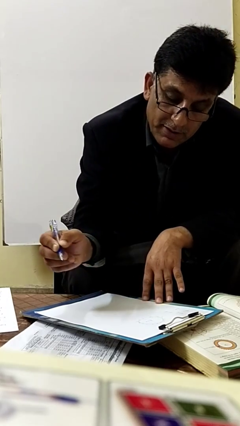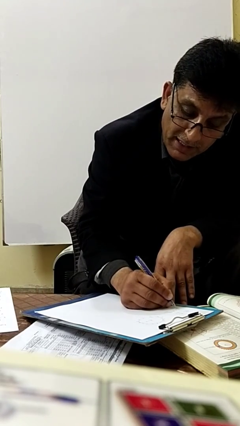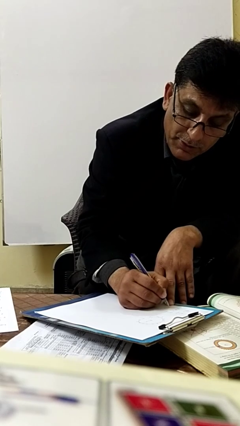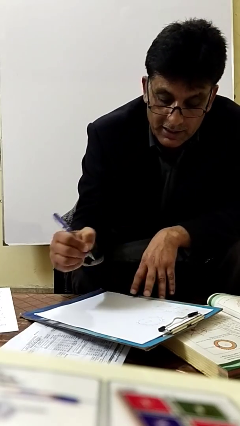E into A is equal to Q divided by epsilon naught. As E is 0, so 0 is equal to Q divided by epsilon naught, which implies that Q is equal to 0. That is, no charge is enclosed by any Gaussian surface inside the conductor.